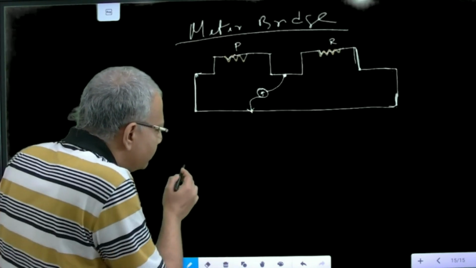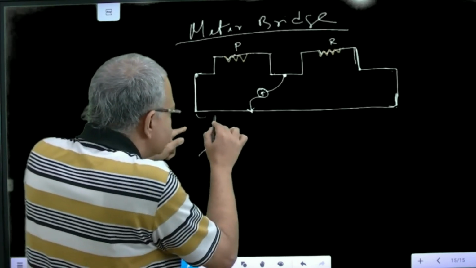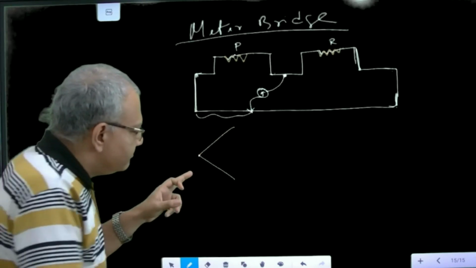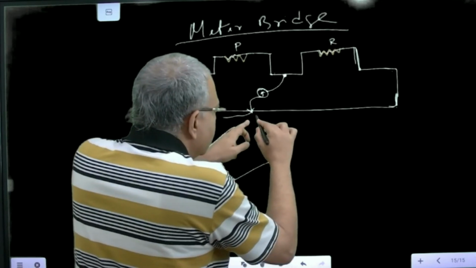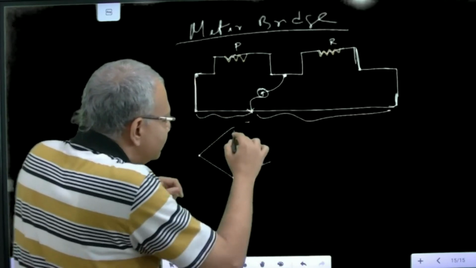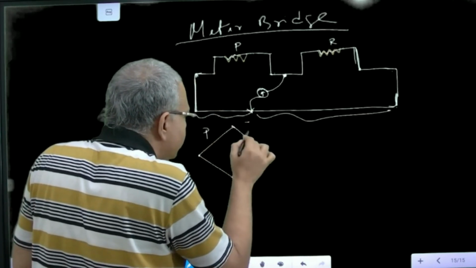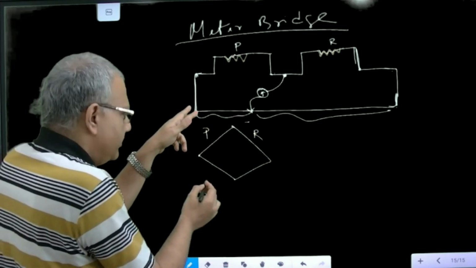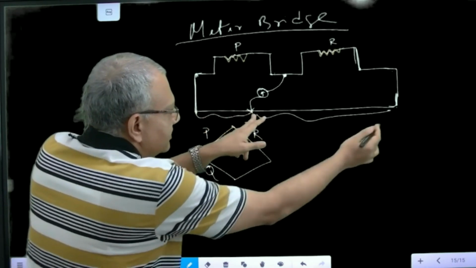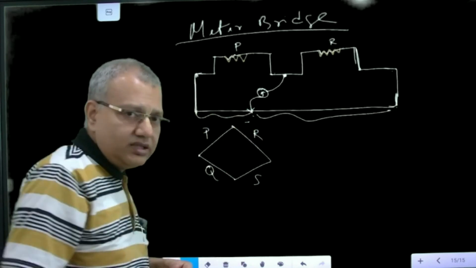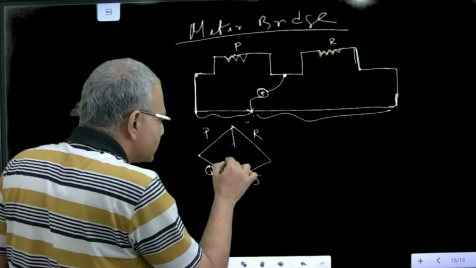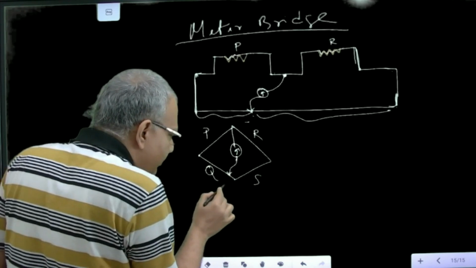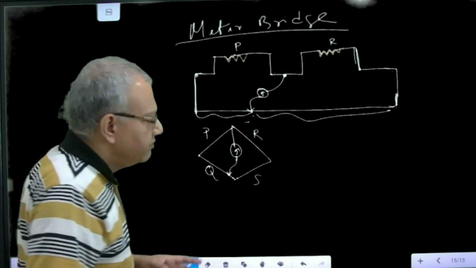Can you imagine this P and this part is another part of a resistance? This part is another part of the resistance, and this resistance R is existing. This is P, this is R. So we can think this part is Q and this part is S. Can't I think that? So now this galvanometer connected here, the pointer can be shifted here, here at different positions.